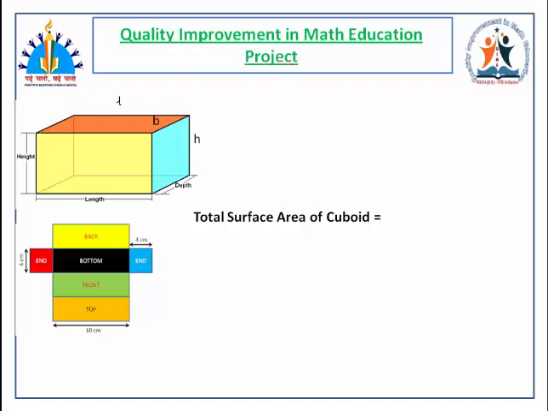To calculate the total surface area of cuboid, we have to add the areas of these 6 rectangles.